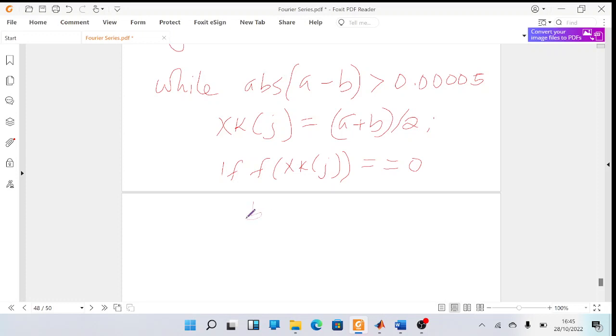So I'll need to break. That statement should terminate the iteration. Otherwise, if it is non-zero, then I'll need to partition the interval further.